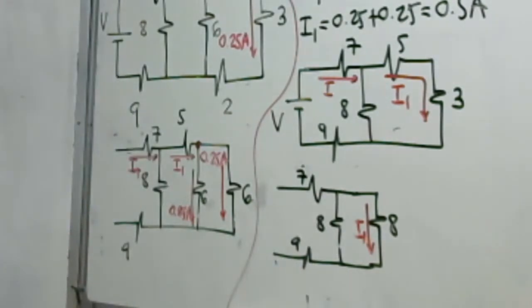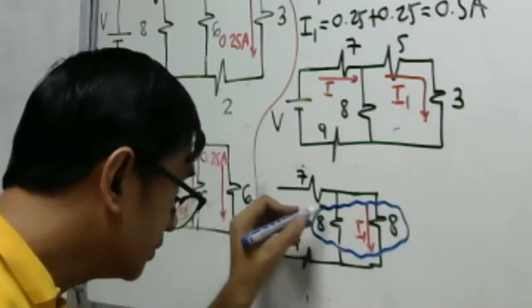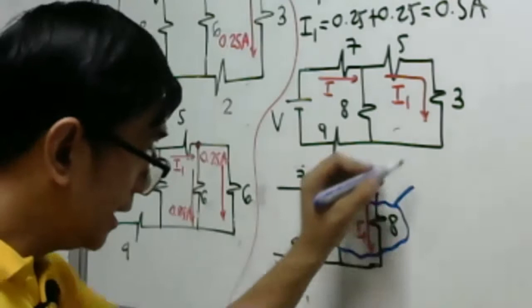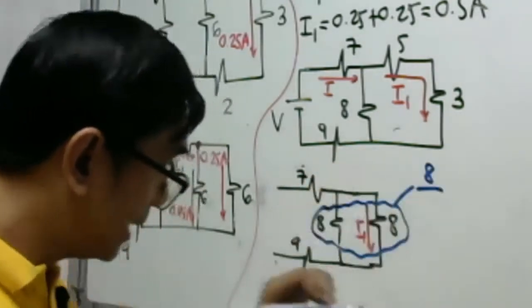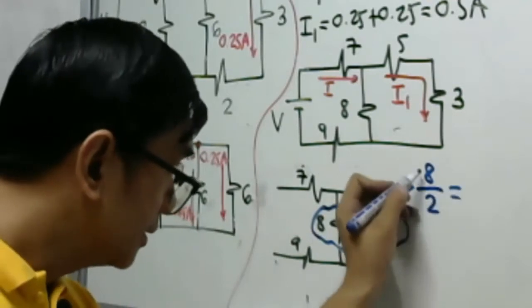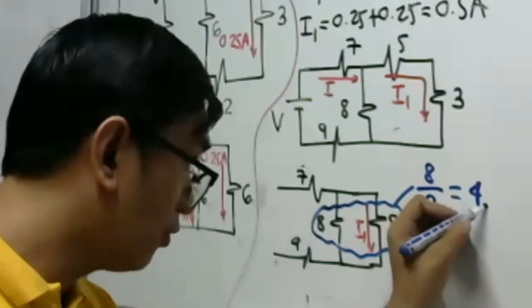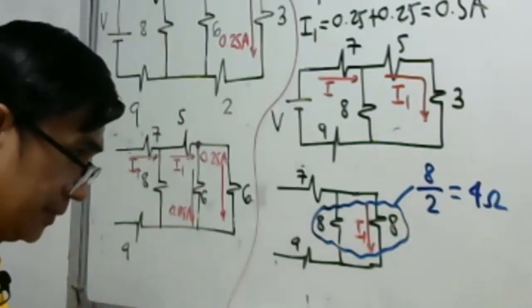If you are first time to my channel, I'll show this to you. So that is equal to the branch resistance over the number of branches. So 1, 2, so that is 4. So we'll be having here 4 ohms for these two.